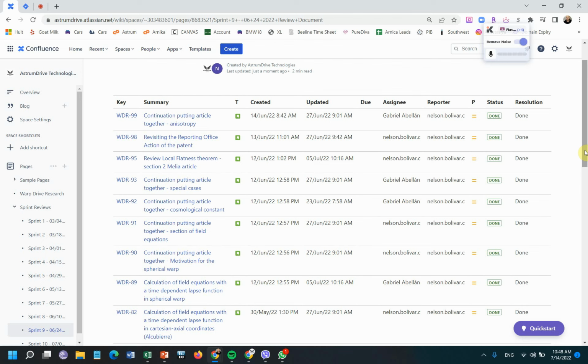So the point of that is, after solving the equations, we're going to do it during the next few sprints.